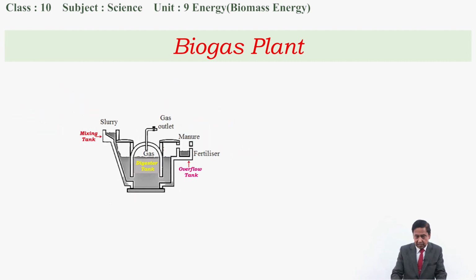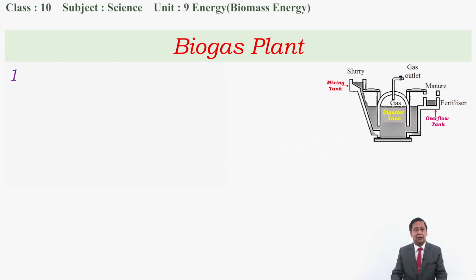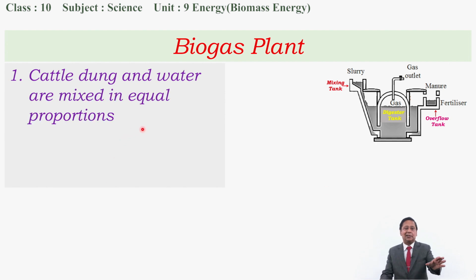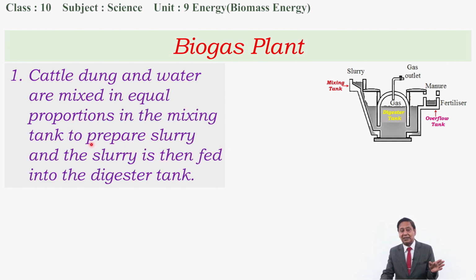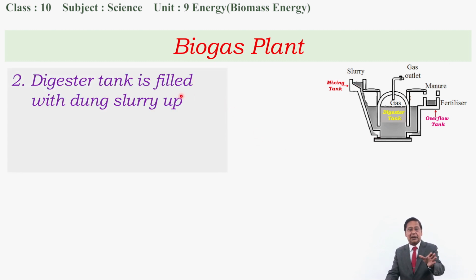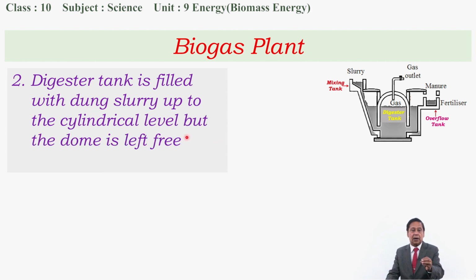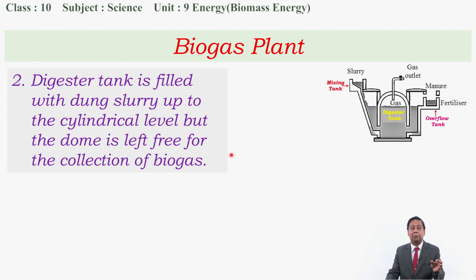Okay, let's make it at one side. Now first what we do, cattle dung and water are mixed in equal proportion in the mixing tank to prepare slurry, and the slurry is then fed into the digester tank. We are feeding slurry from this mixer tank to the digester tank, and then the digester tank is filled with dung slurry up to the cylindrical level, but the dome is left free for the collection of biogas.